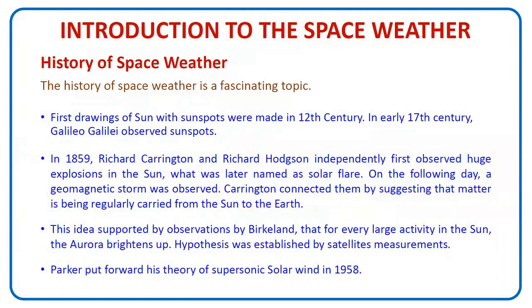Now, after that, in 1958, Parker put forward his theory of supersonic solar wind. And it was probably Luna 5 or Luna 3 through which the charged particles in the interplanetary space were particularly observed.